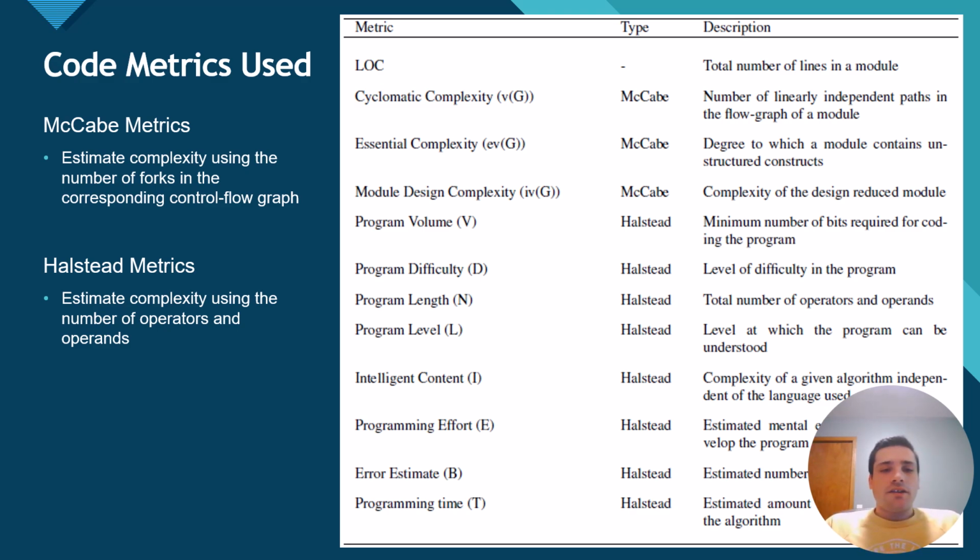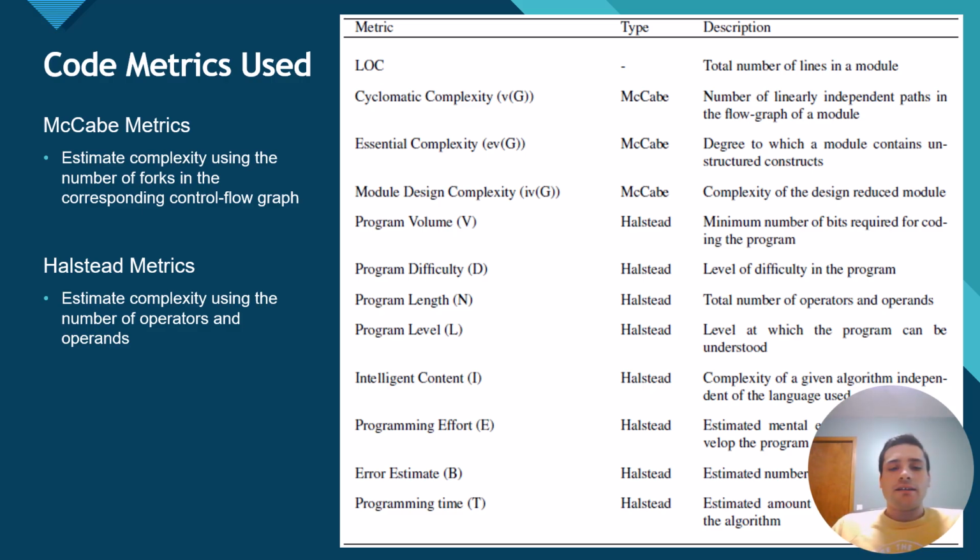So the table on the right here describes the different code metrics that were used. So I mentioned lines of code, and then for the McCabe metrics, they use the metrics of cyclomatic complexity, essential complexity, and module design complexity. And essentially, these are used to estimate complexity by using the number of forks in the corresponding control flow graph.